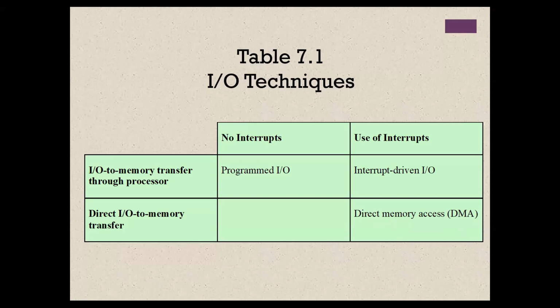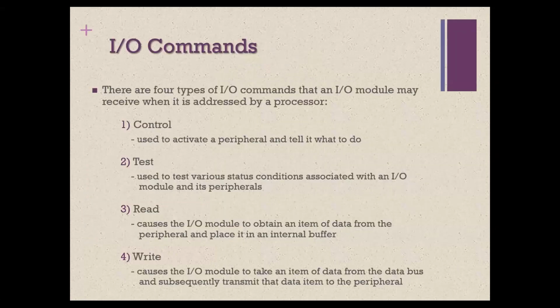Now, we can look at some I/O commands. There are four types of I/O commands that an I/O module may receive when it is addressed by a processor. We have control, test, read, and of course, write.